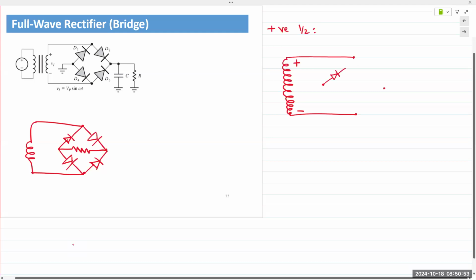You have an anode here. Don't draw this out. There's a purpose. So this is for explanation purposes. You've got positive being applied here, and you have a negative applied here. Which ones are on and which ones are off?